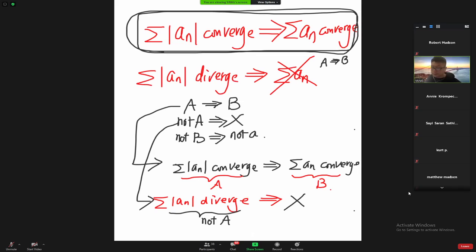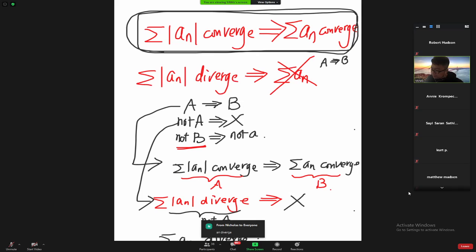Second logic. Okay, now let's see not B. What is not B? Not B means a_n diverges, right?